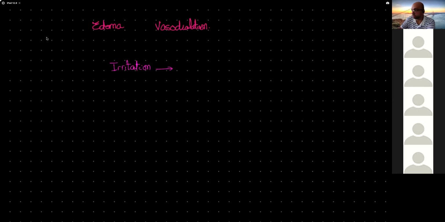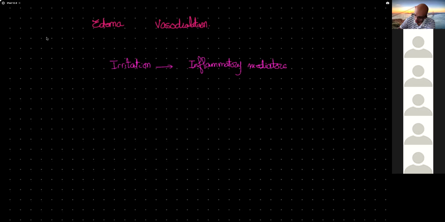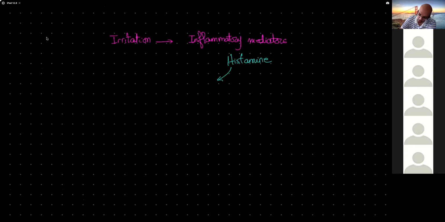this enhances the immune system to release inflammatory mediators. And one of the most common inflammatory mediators that we do release is going to be the histamine. So the histamine effect is to dilate the arterioles.